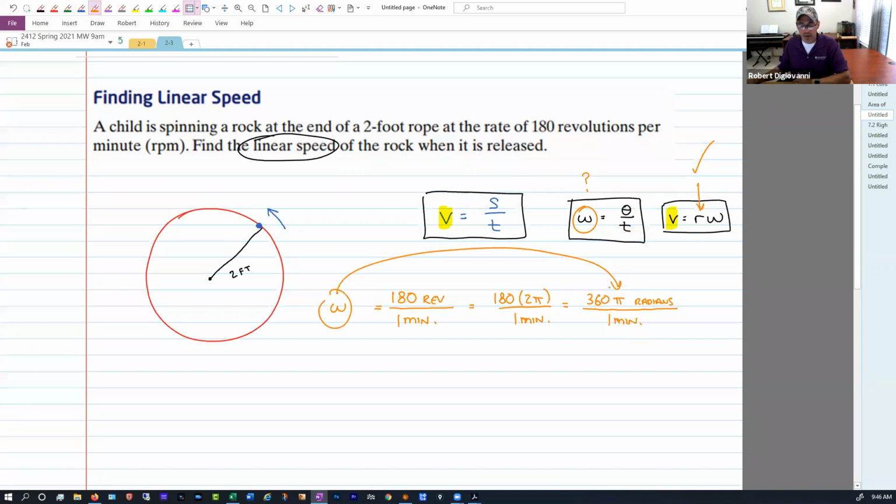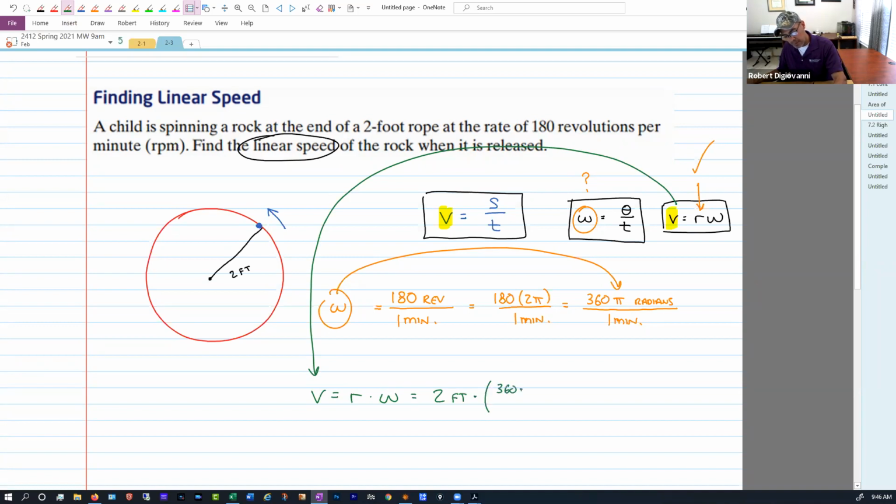So all we have to do now to get velocity is take that formula V and take our radius. Let me write down our omega, and then take our radius, which is 2 feet, and multiply that times 360 pi. I'm not going to write the radians over 1 minute.